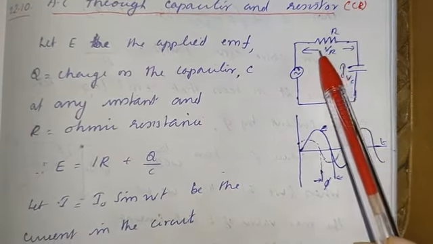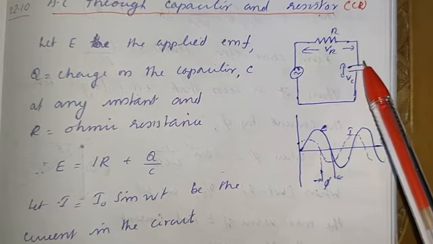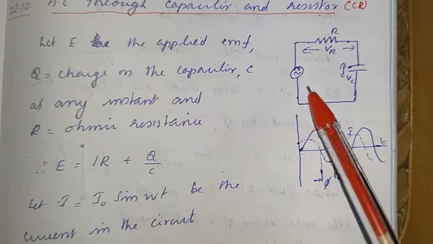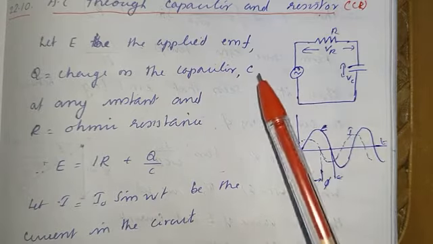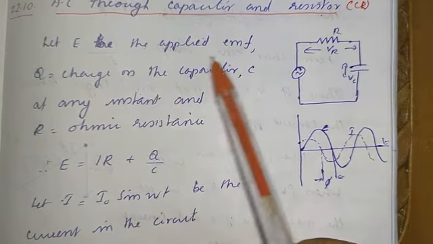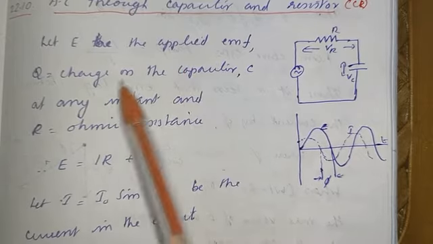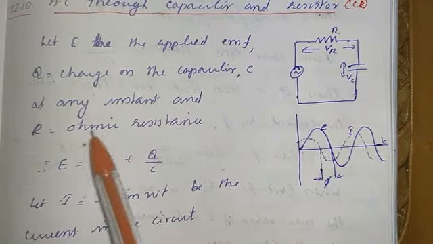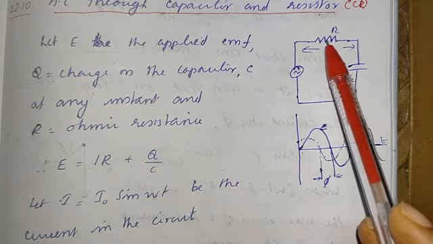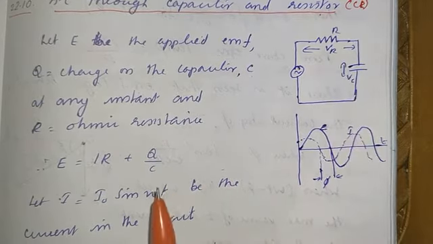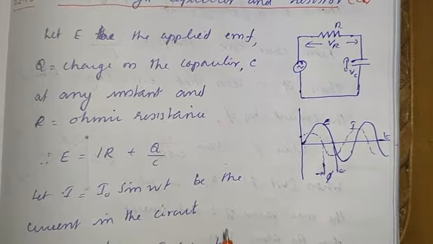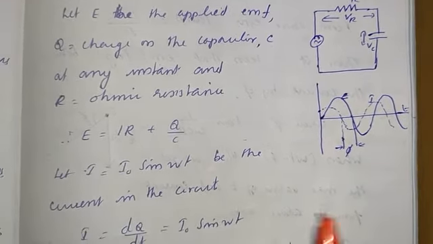I have shown here a resistance which is connected in series with the capacitor and an AC is applied. Let E be the applied EMF, q be the charge on the capacitor at any instant, and R be the ohmic resistance, which are the usual notations we use in such circuits.